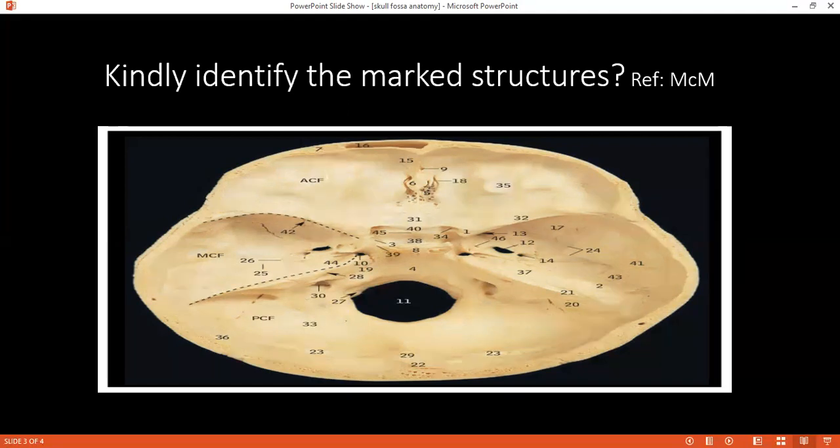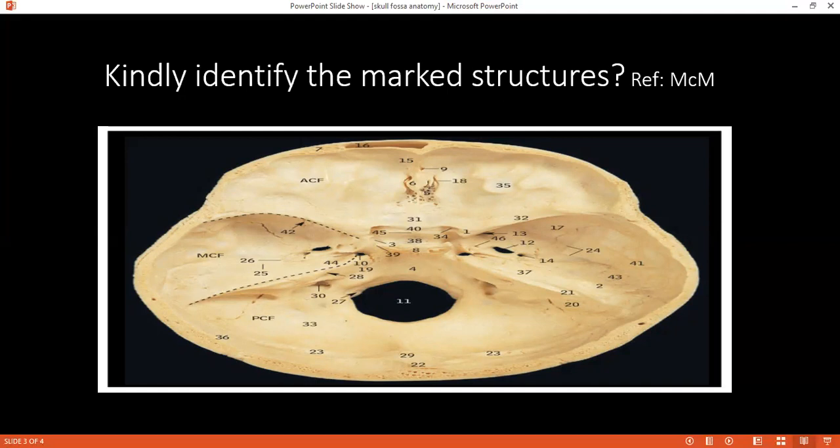Structures passing through it mainly are the medulla oblongata, the terminal portion of the medulla oblongata, and the spinal root of the accessory nerve, vertebral arteries, anterior and posterior spinal arteries, and some soft structures like a part of the dens.